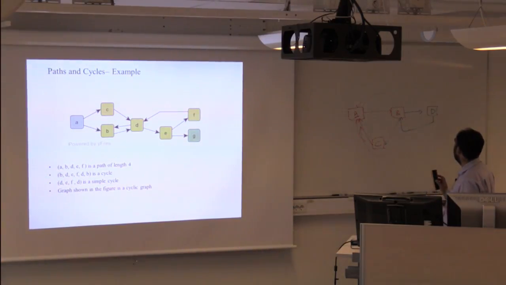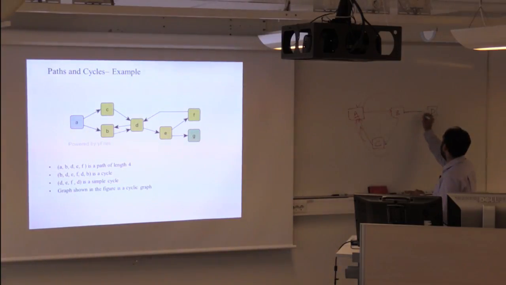B to D, I mean make it both directions, like undirected, a straight line from B to D, no arrow. I just want to know if this graph is still a directed graph, or now it became a cycle.